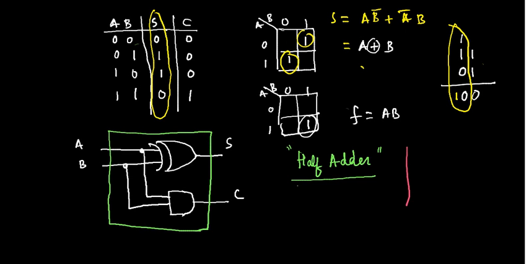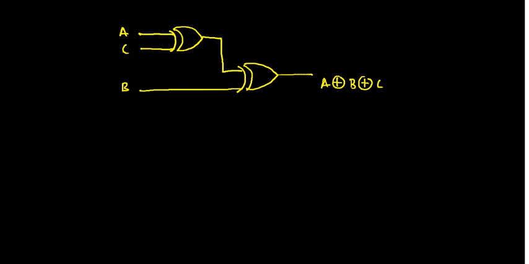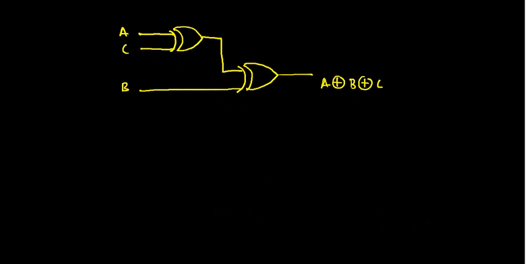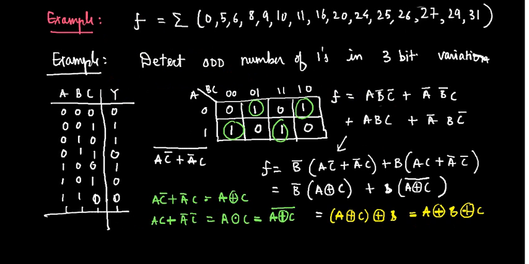What is the cost here? 2 gates, with 2 inputs for each one, right? So it becomes 4. What is the cost if we have used only AND, OR and NOT? See here, 3 inputs for each of these 4 combinations, right? So that means 12. And how many AND gates are required? 4 AND gates and 3 OR gates, isn't it? So 12 plus 4 plus 3, the cost is higher.